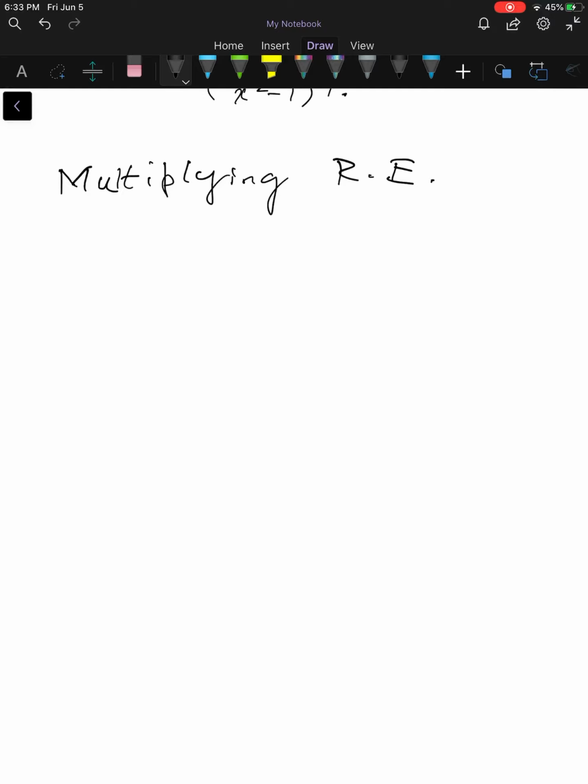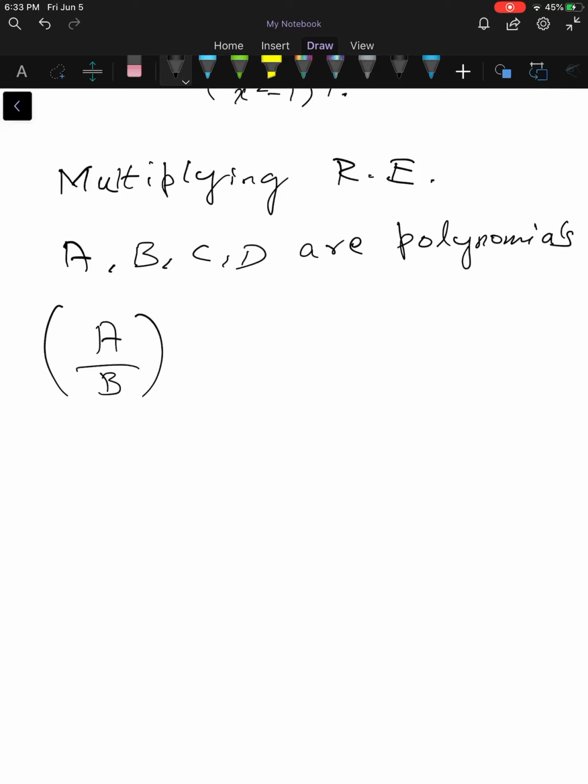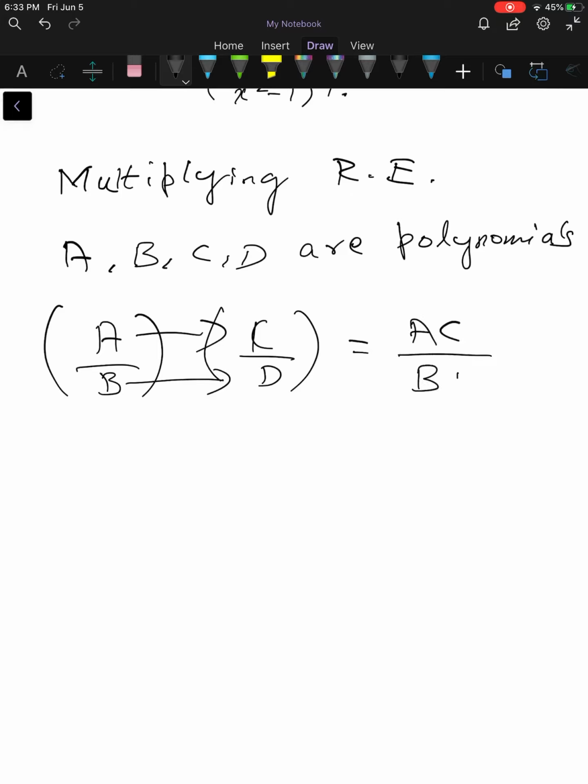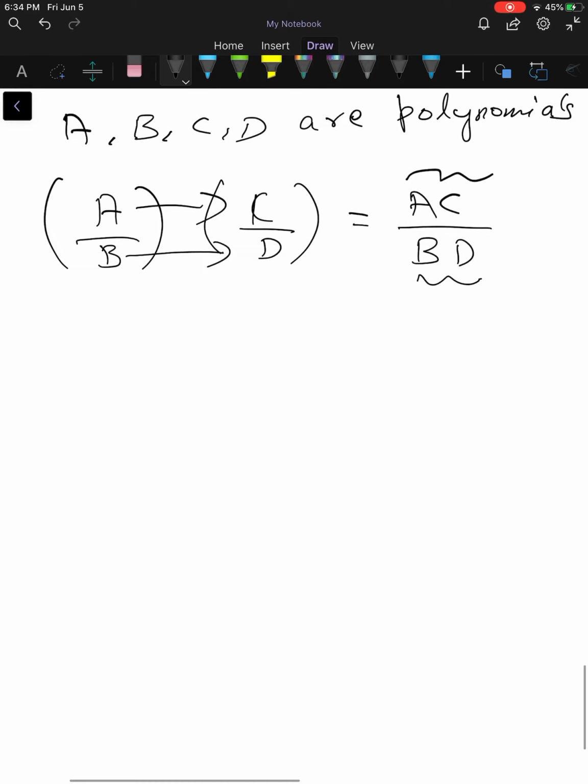To define one such process, if I consider A, B, C, D being polynomials, and if you are given two rational expressions that need to be multiplied, it is same as multiplying numerators and denominators separately and expressing them like this. Here the process is you are multiplying the numerators and denominators.